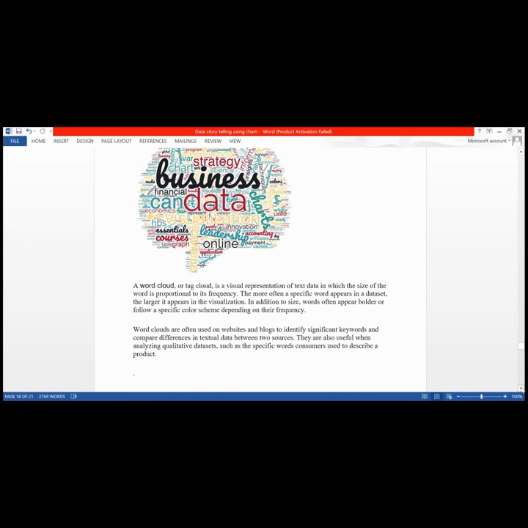In addition to size, words often appear bolder or follow a specific color scheme depending on their word frequency. Word clouds are often used on websites and blogs to identify significant keywords and compare differences in textual data between two sources. They are also useful when analyzing qualitative datasets such as the specific words consumers use to describe a product.